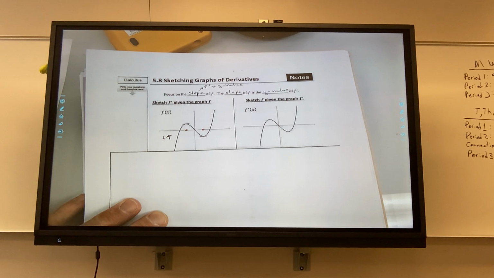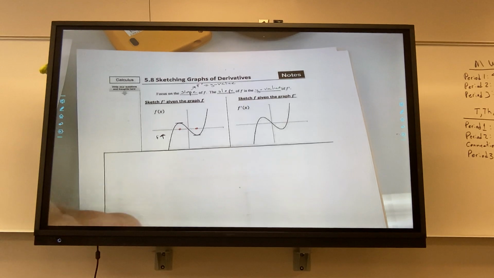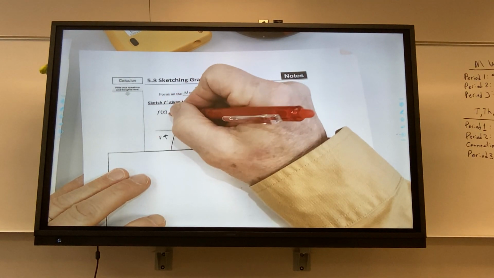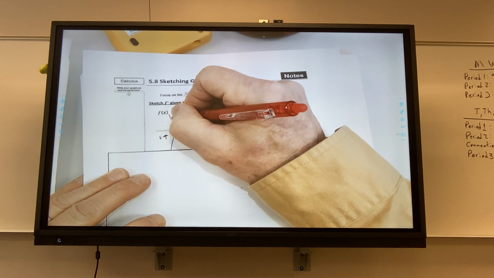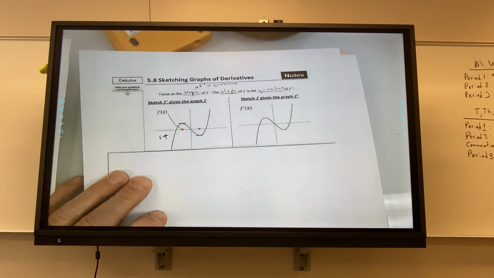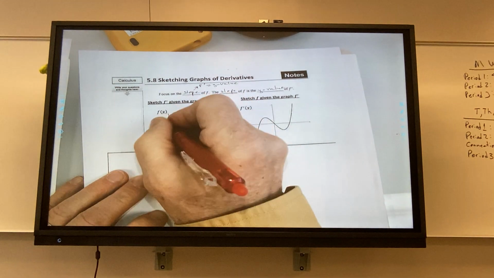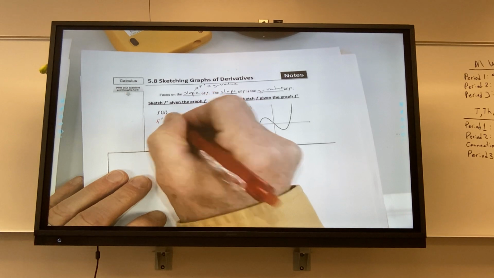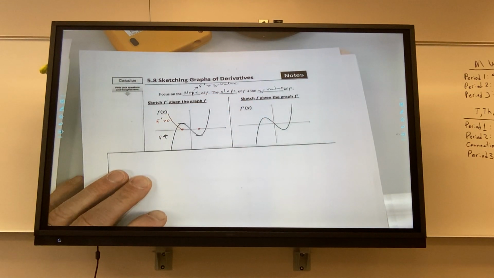It's increasing, but the rate at which it's increasing is decreasing. What does it tell you about the sign of the derivative? It's positive. It has to be, correct? So it means the derivative has to be above the x-axis until we get to that 0. Here is where the derivative is above the x-axis, or what we call positive.